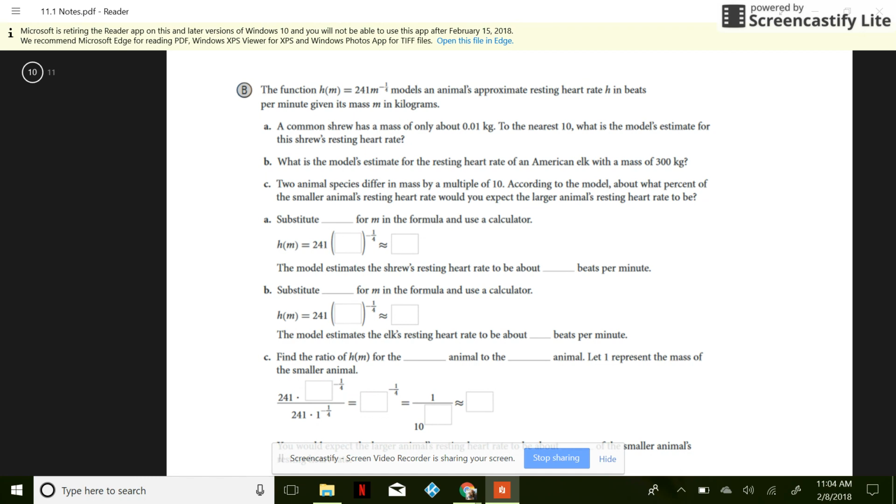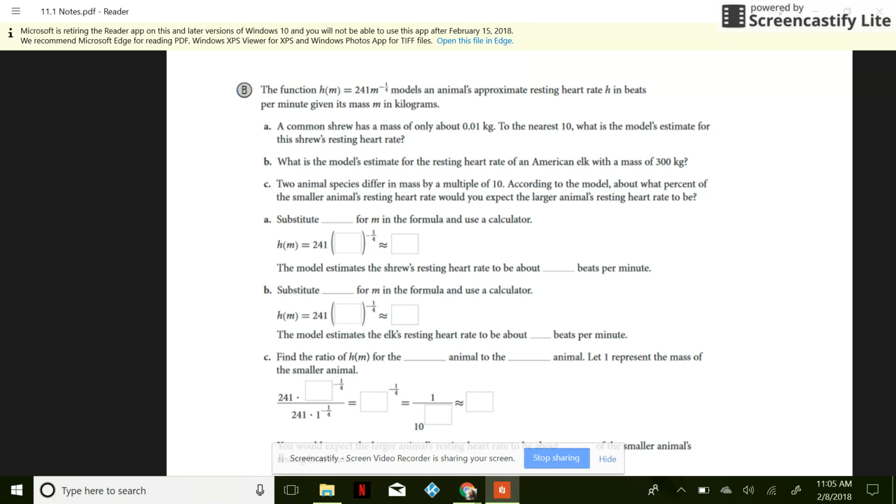So let's say we've got a function h of m is equal to 241 m to the negative 1 over 4 that models an animal's approximate resting heart rate in terms of beats per minute, given its mass in kilograms. So part A, it says a common shrew has a mass of only about 0.01 kilograms. To the nearest 10, what is the model's estimate for the shrew's resting heart rate?